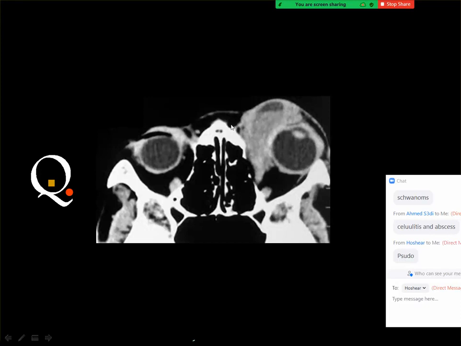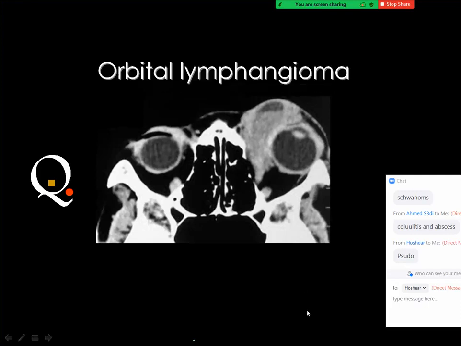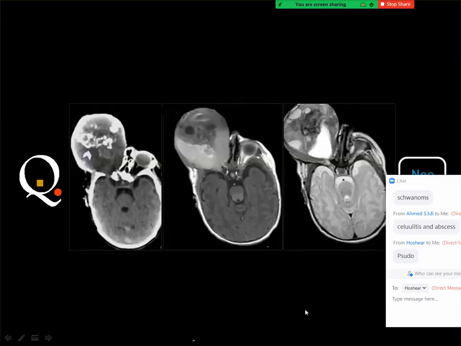Actually, you see that the fat planes very near to the lesion are quite clear. Then you should see this fluid level, and you know that this is lymphangioma of the orbit. In a child with a big lesion inside the orbit showing multiple or single fluid levels, then you consider the possibility of lymphangioma, and this was orbital lymphangioma.